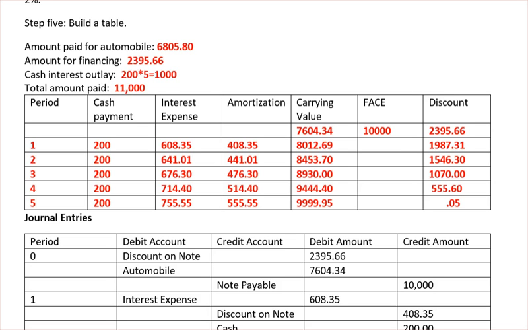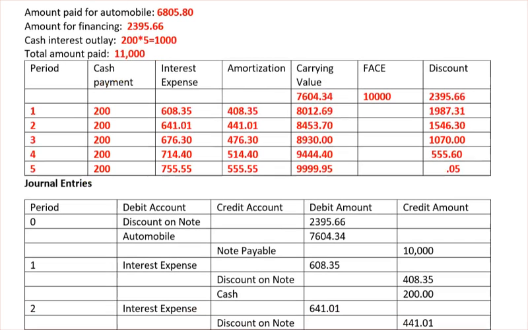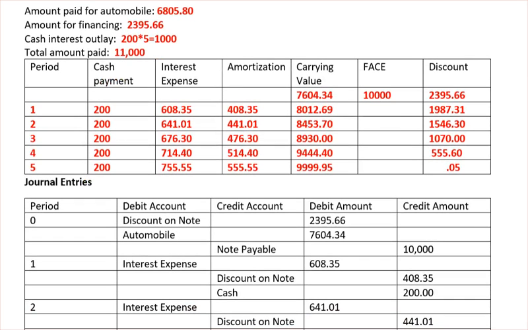The amount of cash is going to always stay at 200, and remember how to calculate that is based upon maturity value times the stated rate. Interest expense here is the previous carrying value, so in the first instance it's this carrying value times the market rate, and you can always tell the market rate by going up and looking at your present value calculations.